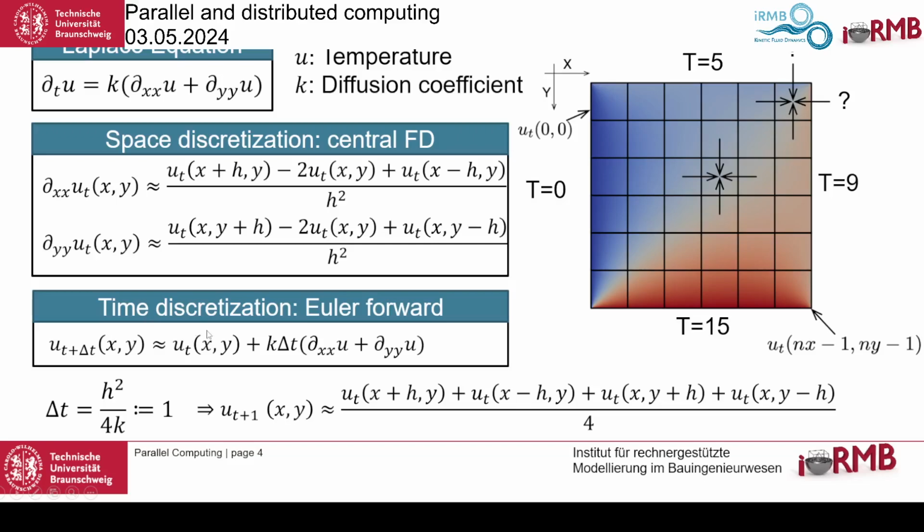The simplest time integrator is the Euler forward method. So then I have to ask again, who has never heard about the Euler forward method? Okay, so the Euler forward method. So this up here is the discretization.